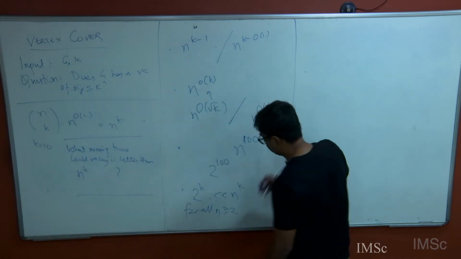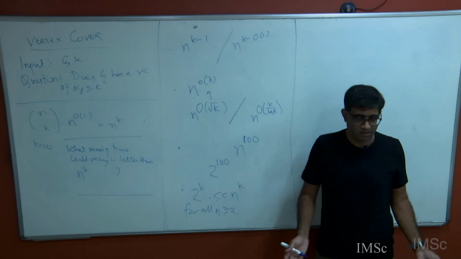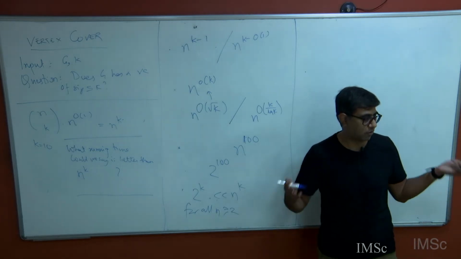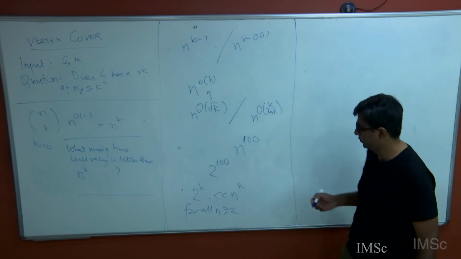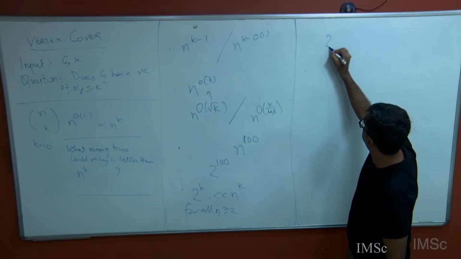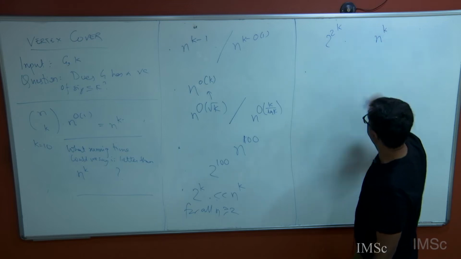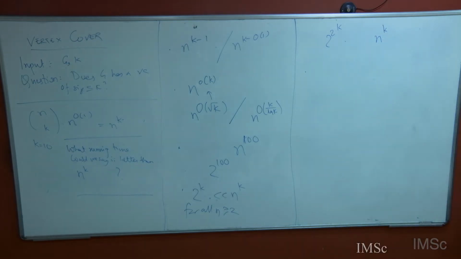Similarly, this is exactly what I mean. If I take a slightly bigger than a constant size graph or instance, I'm always good. But what about this? Is this better than n to the power k? No?